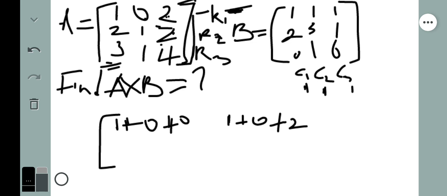So row 1 has already multiplied column 2. Now row 1 will still multiply column 3 also.